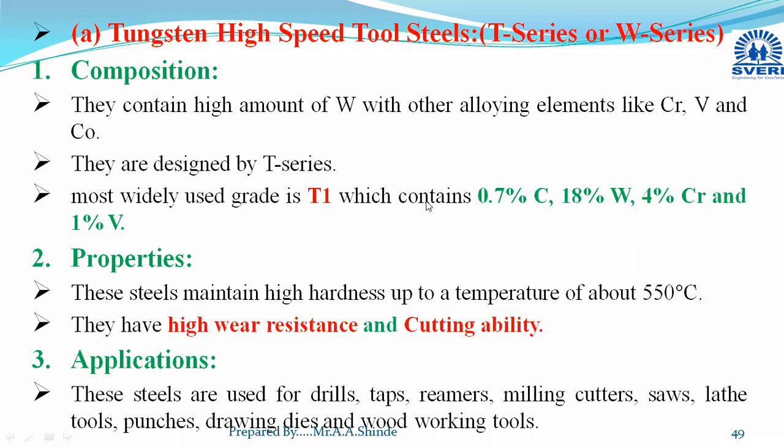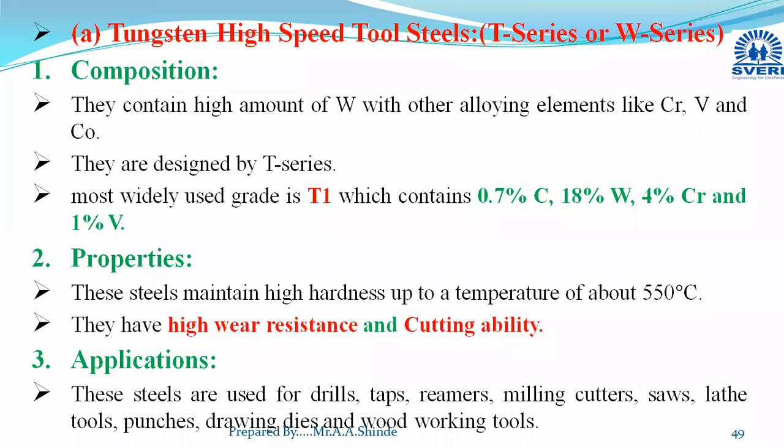Then related to their properties, these steels maintain high hardness even at higher temperature ranges of about 550 degrees Celsius. The second characteristic is that they have very high wear resistance and very good cutting ability.